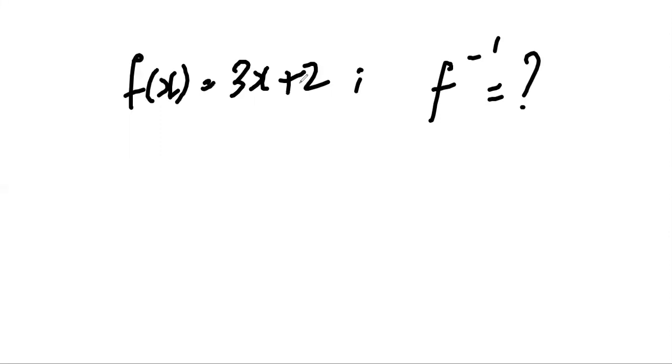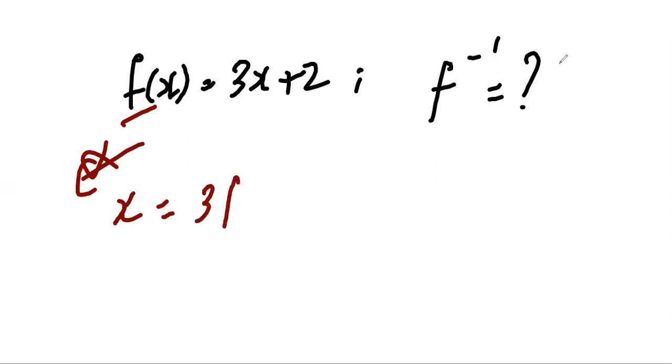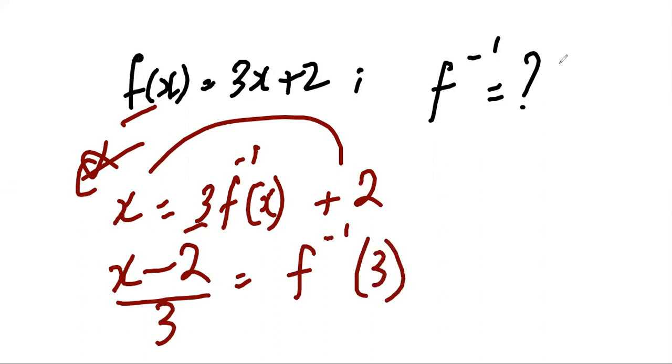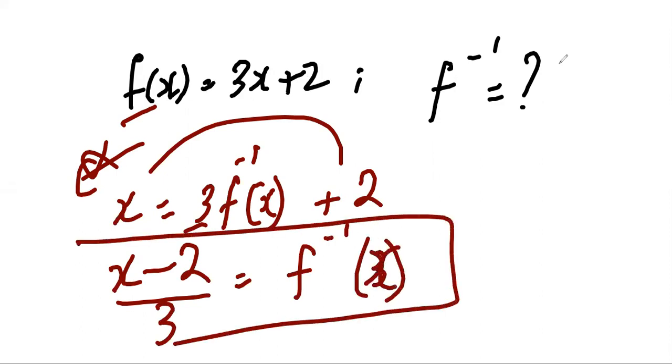What you have to do is remove f from here, write x, and place f inverse here, with plus 2 as it is. Now you can calculate it: this 2 will come here as minus 2 and this 3 will go to the divide side. This will be f inverse of x for this function. Okay, it's very simple.